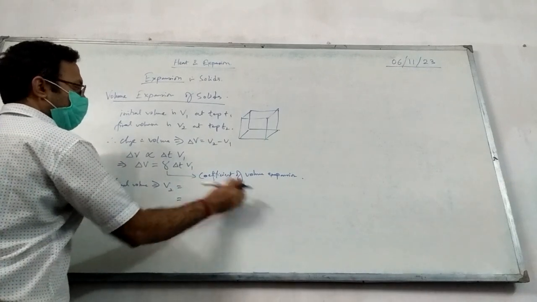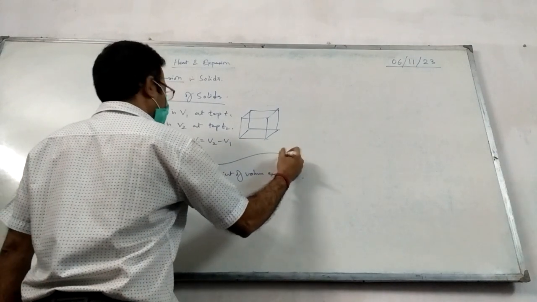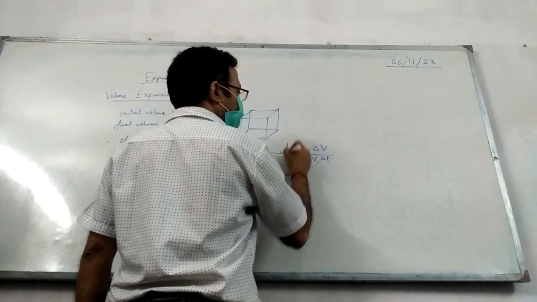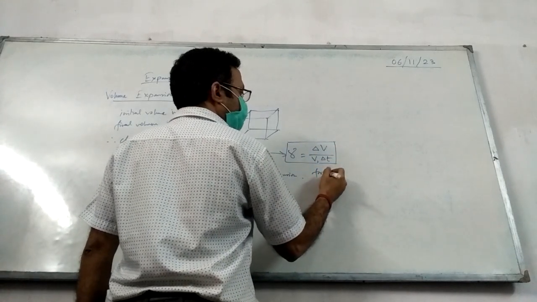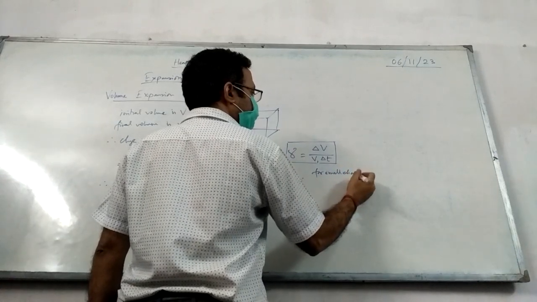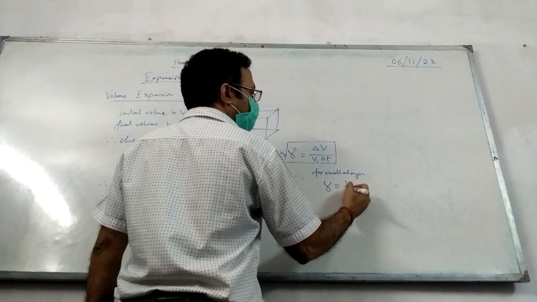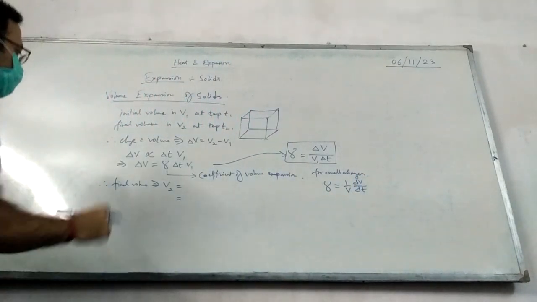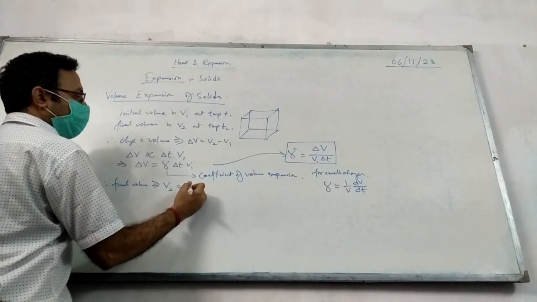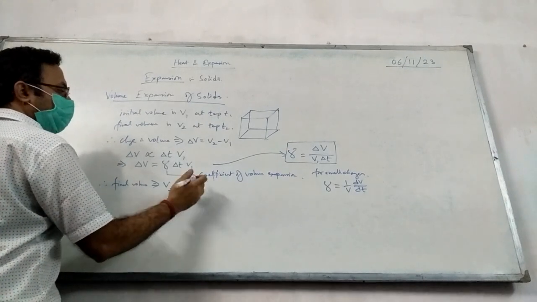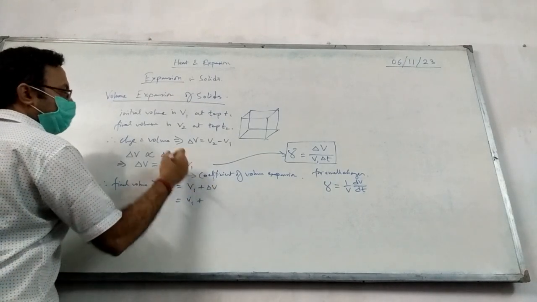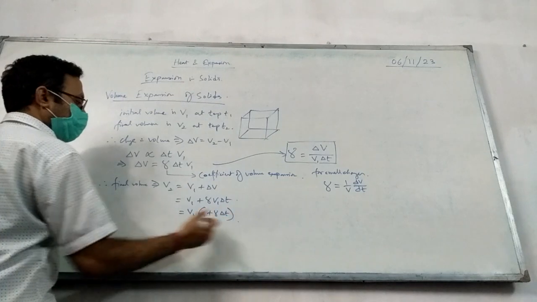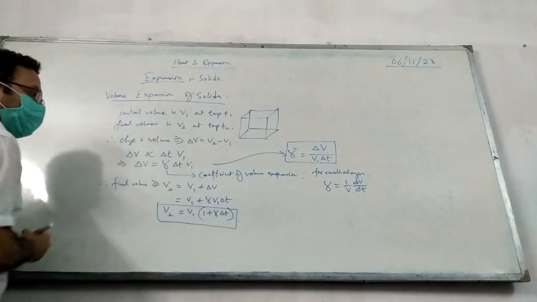Let me first write gamma: gamma is equal to delta V by V1 delta T. And for small changes, gamma can be written as 1 by V dV by dT. So the final volume V2 is V1 plus delta V, where delta V is gamma V1 delta T. So you can take V1 common: V2 equals V1 into 1 plus gamma delta T. This is the final volume.